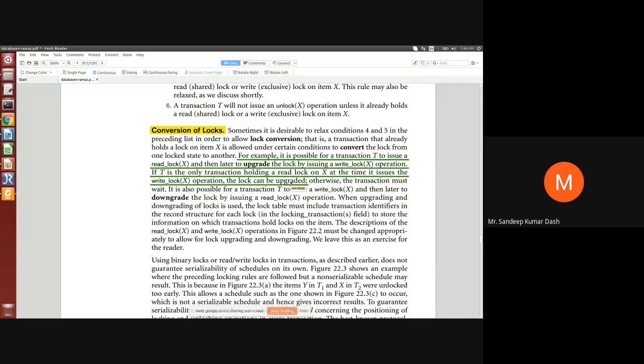Even if you have a read lock, you can only read. You cannot write. Similarly, if you have a write lock and the writing process is complete, you no longer need to write. So you can issue a read lock so that the writing permission is taken back and you can only read.